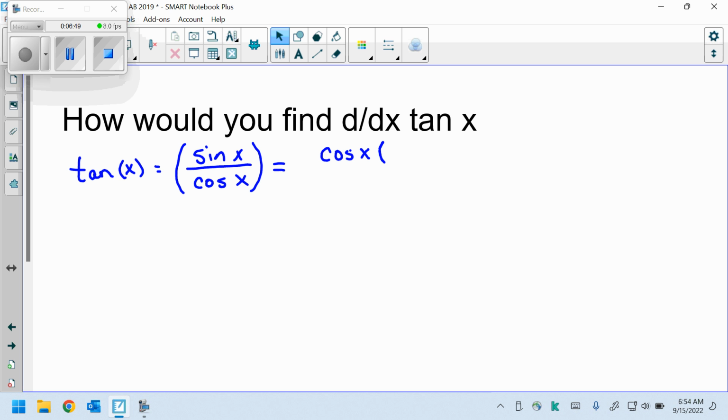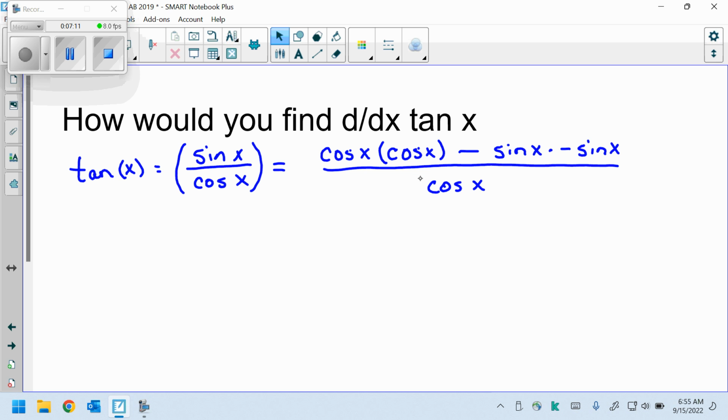d high minus high d low over low low. Different ways of writing cosine of x being squared on the bottom.